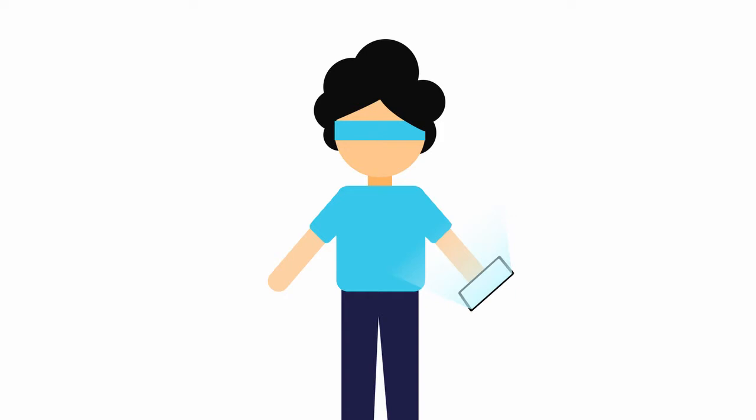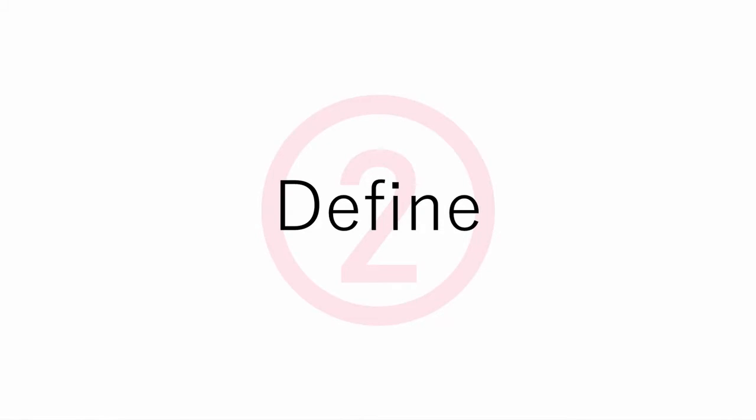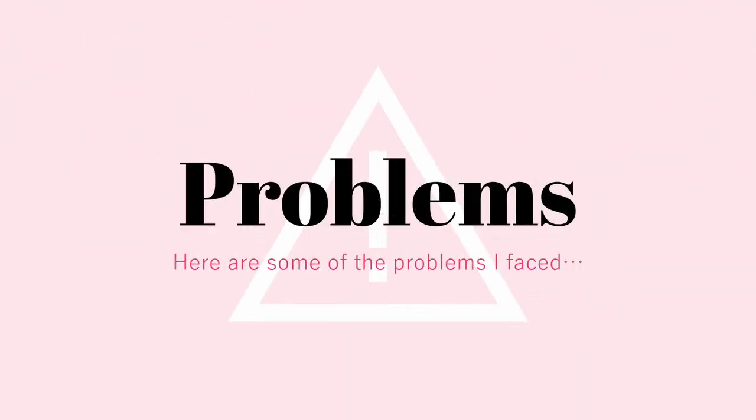Along with gaining such personal experience, I tried to do some research of my own to understand from real visually impaired people what issues they were facing while using their phone. This brings me to step 2, define. Here are some of the problems that I faced while using my phone blindfolded.